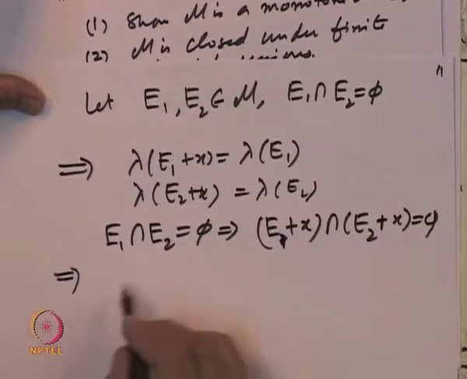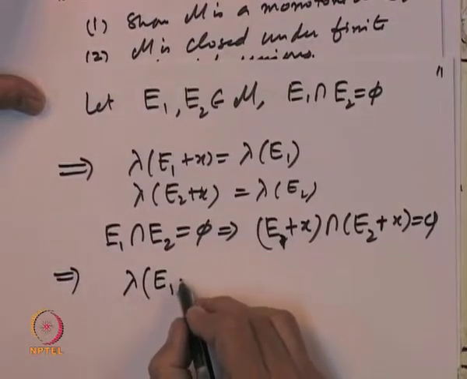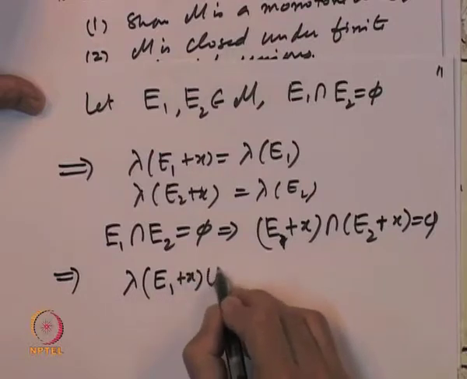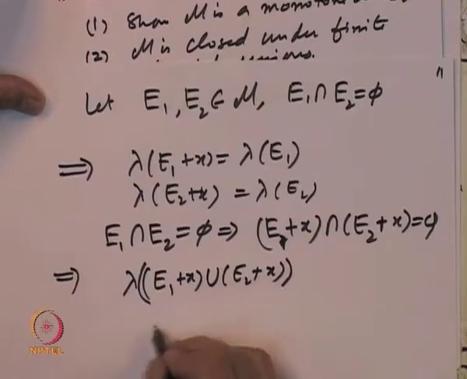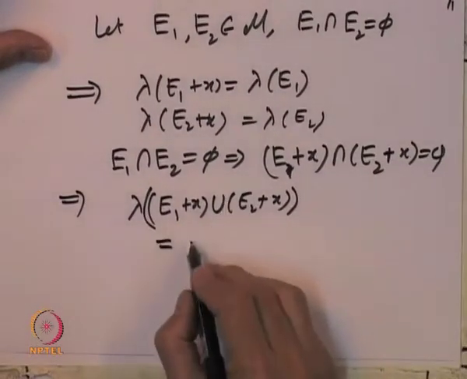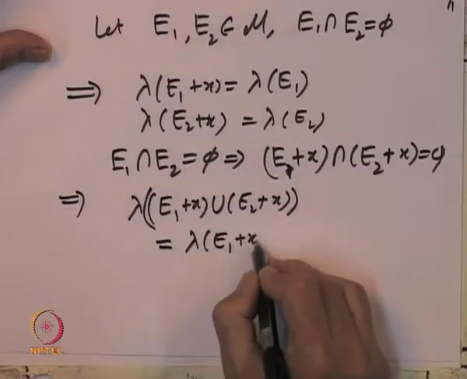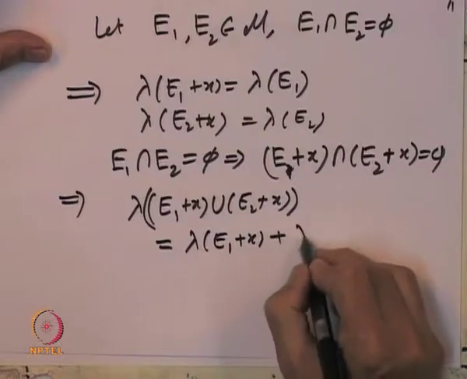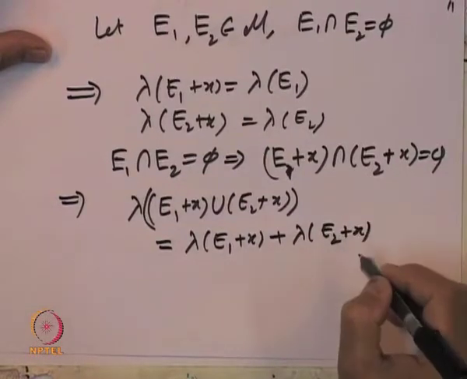That will imply that, because these sets are disjoint, the Lebesgue measure in R 2 of the union of E 1 plus x and E 2 plus x is the same as the Lebesgue measure of E 1 plus x plus lambda of E 2 plus x.